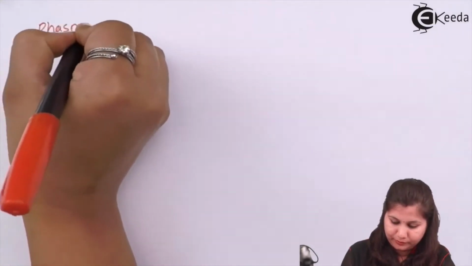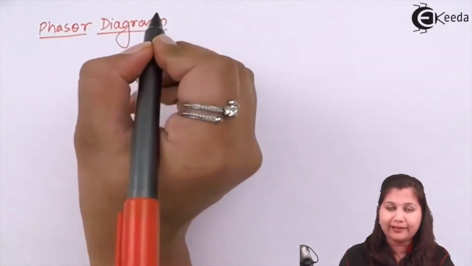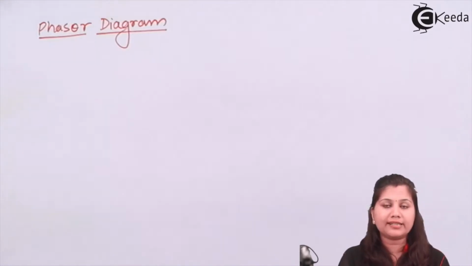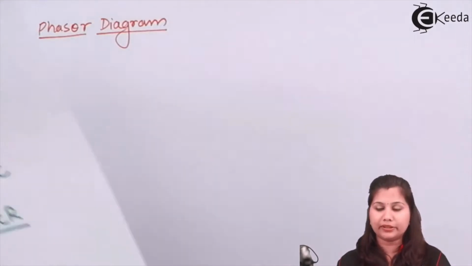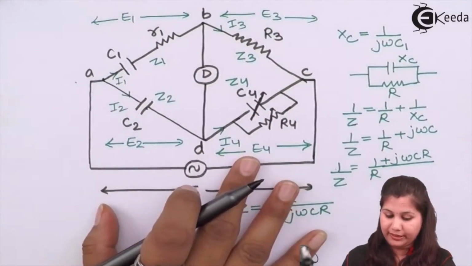Now coming to the phasor diagram of the Schering bridge. Now phasor diagram represents the phasors or the vectors of the currents and the voltages across the bridge network. So this was the circuit diagram.